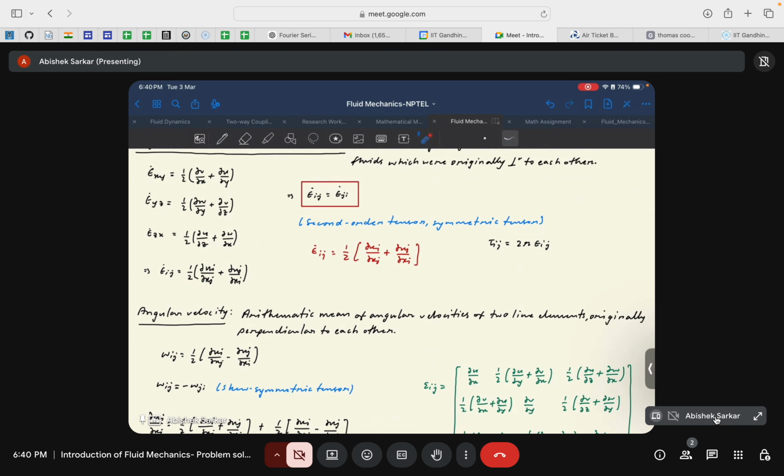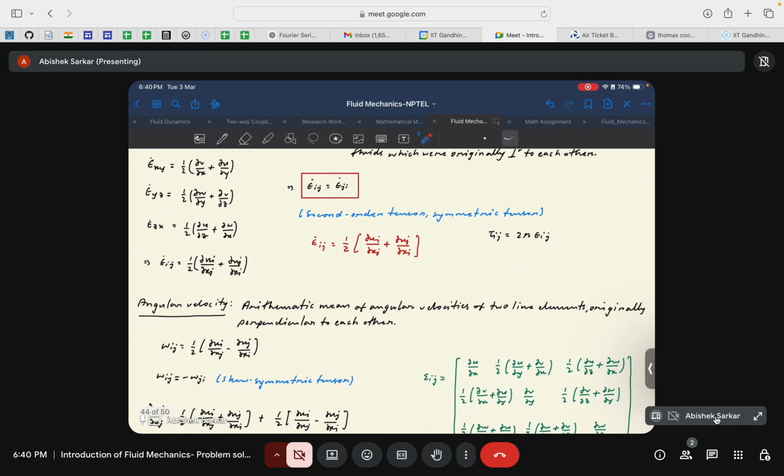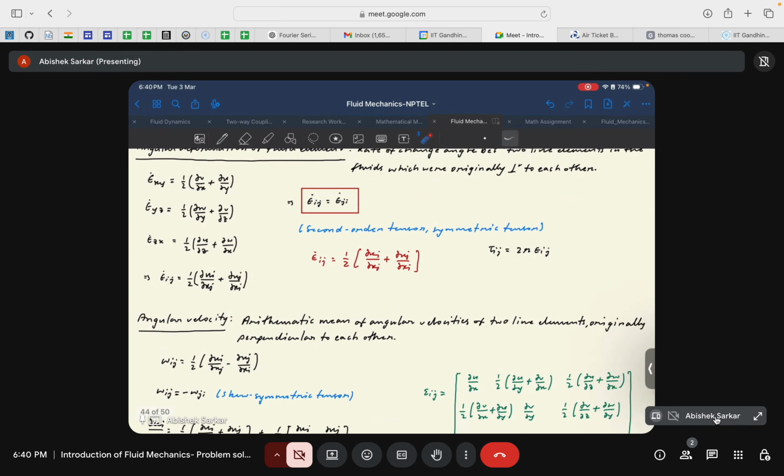So if you see, there is a very interesting pattern. Okay, I will come back to the index notation, which will eventually give you the proper idea. But still, you can see that if you have some component, epsilon dot xy, the strain rate tensor along the xy coordinates, what you need to do is just take the derivative of the velocity component with respect to the other coordinate direction.